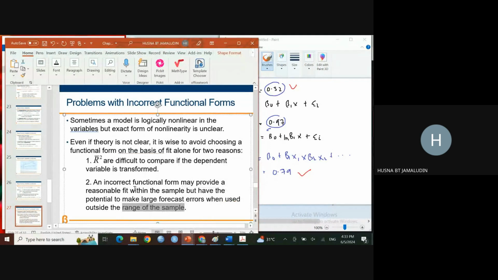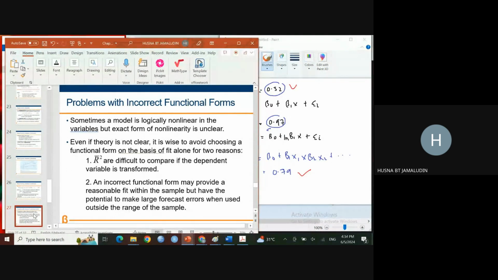The main point is that even though your theory is not clear, you are not sure, don't simply choose the functional form based on the fitness of the model using the R bar square. Don't. You only use a different functional form if it is supported by the theory.